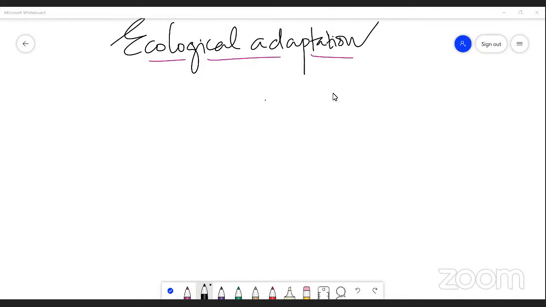That is called adaptation. On the other hand, if a plant grows in a dry region or desert region, according to the condition of the arid region, the plant has to modify its structure. That is called adaptation.